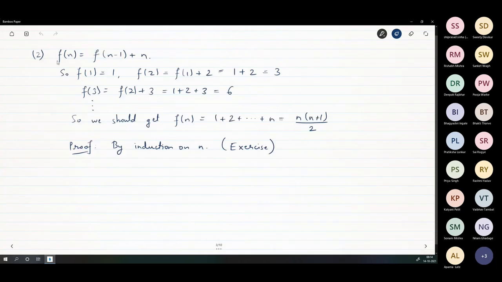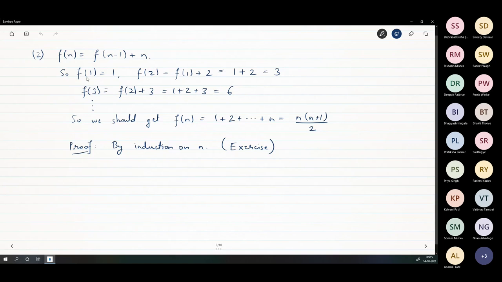This time f of n is equal to f of n minus 1 plus n. Once again, look at the first few values. F of 1 is 1, because the initial value is not mentioned, so it is 1. F of 2 is f of 1 plus 2, which is 1 plus 2, which is 3. F of 3 is f of 2 plus 3, but f of 2 we know is 1 plus 2, so f of 3 is 1 plus 2 plus 3, which is 6.